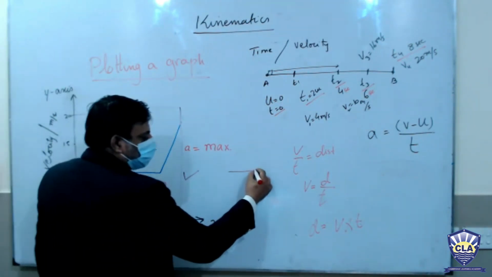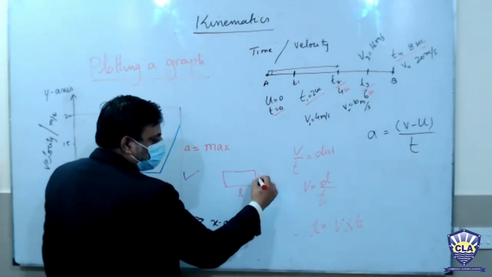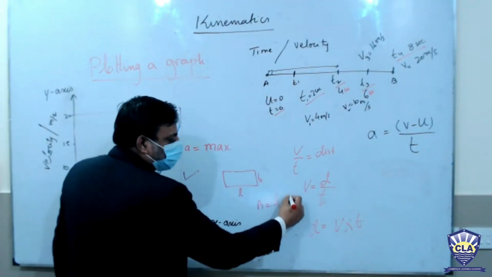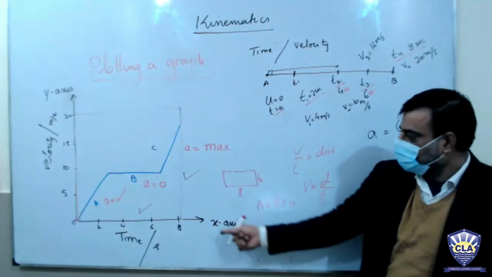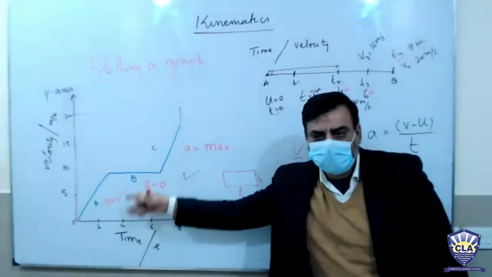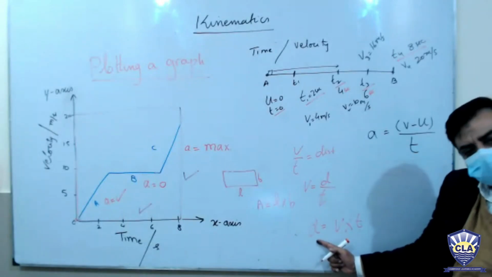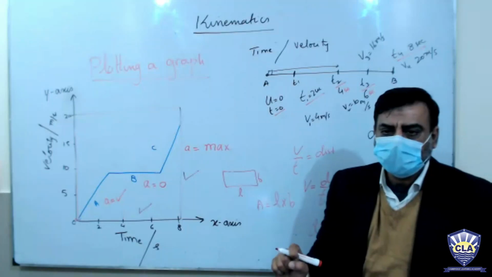If I have a rectangle, it has length and breadth. Area will be length into breadth. Shabash. So if we calculate the area under the curve, that will actually be the distance or displacement.